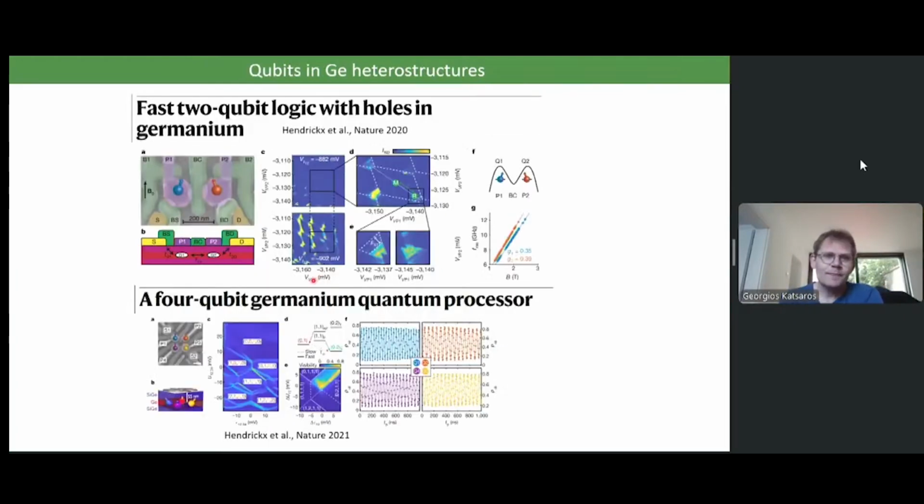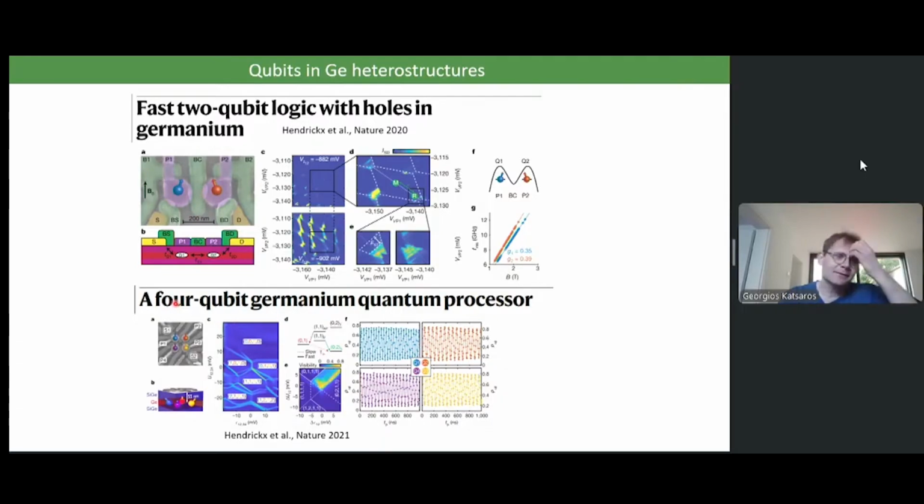So I would say since 2020, the spin qubits in germanium two-dimensional hole gases have seen a dramatic progress, driven significantly by the group of Menno Veldhorst in Delft. What you see here is the first spin qubit now in germanium in a two-dimensional hole gas, and actually here they created a 2-qubit gate.